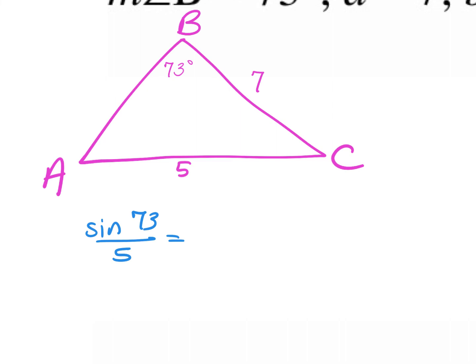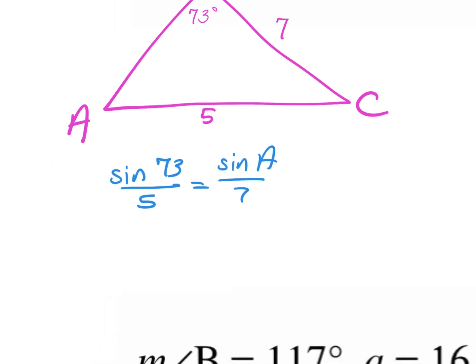Can I just go ahead and find angle C? Can I go ahead and find angle A? Can I find C? Do I know anything about C? I don't know its angle or its side. So I have to find A. So I'm going to put sine of A over 7. That's what we're looking for.